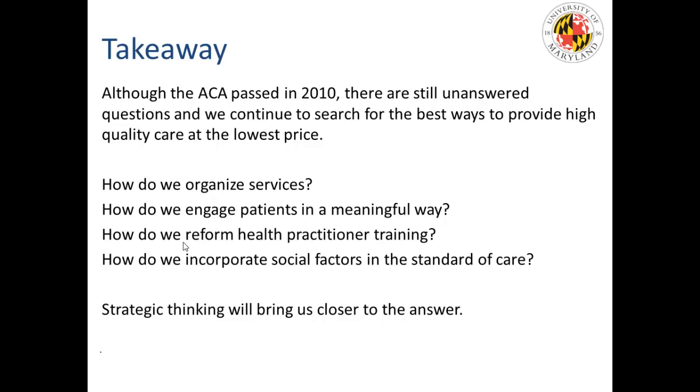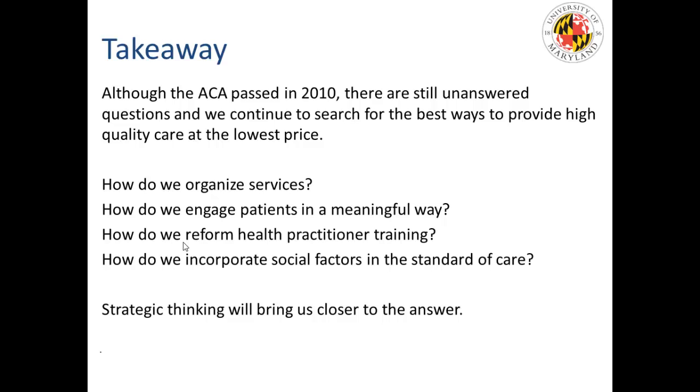because, of course, their interests are consistent with national interests. Well, all of our interests are the same, but some communities and some systems were just much better positioned to take on the accountable care organization concept. So we still don't know: how do we organize services? How do we engage patients in a meaningful way? How do we reform health practitioner training?